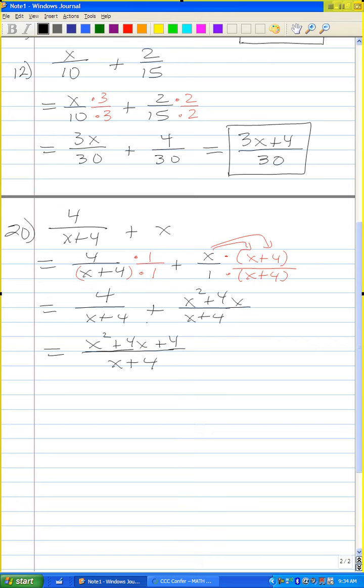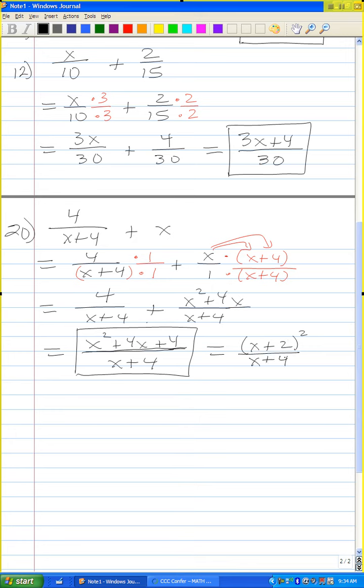I'm done, but I could actually write the numerator, x squared plus 4x plus 4, as well. This is a perfect square trinomial. X squared plus, well, x times 2 is 4x, plus 2 squared is 4.